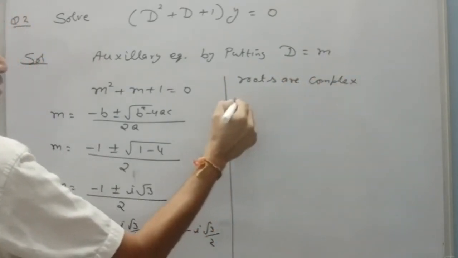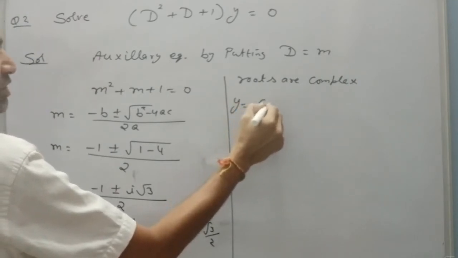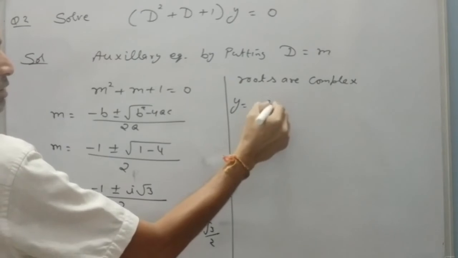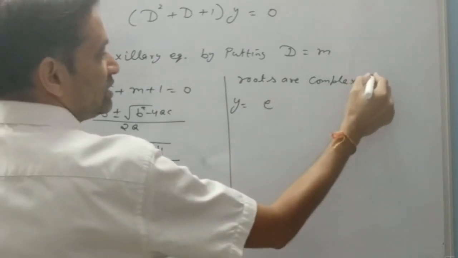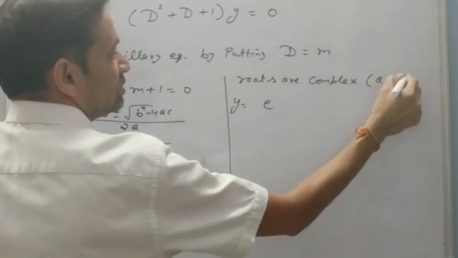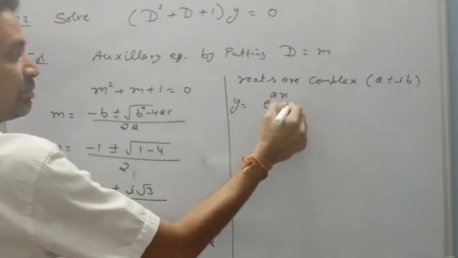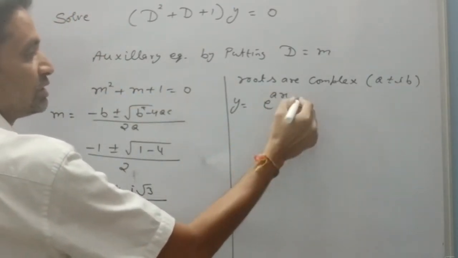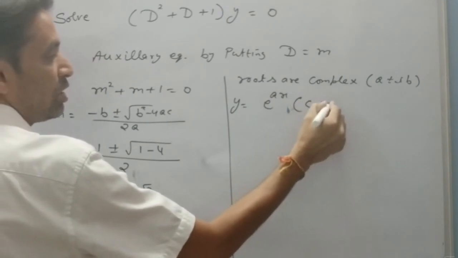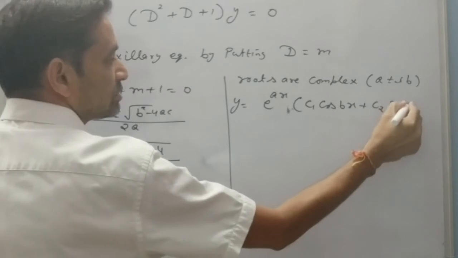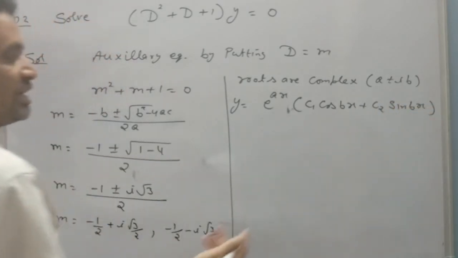Then the solution is e to the power ax, where roots are of the form a plus minus iota b. So it is e to the power ax into c1 cos bx plus c2 sine bx. What is a and b here?